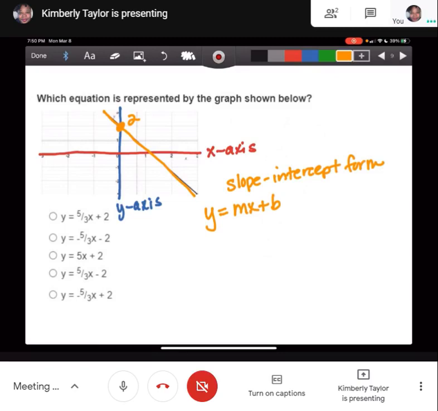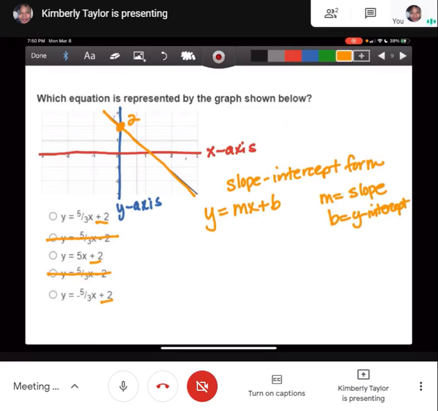M stands for your slope, and b stands for your y-intercept. So you want your y-intercept to be a positive number. It's positive here, here, and here. So I'm going to get rid of answers B and D because those have negative y-intercepts, okay?